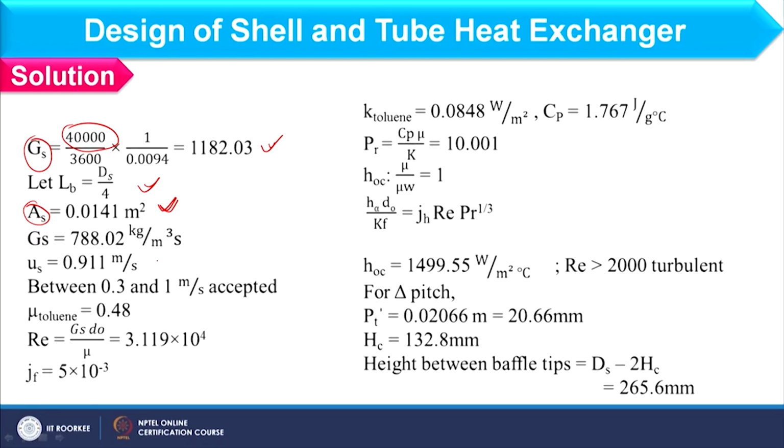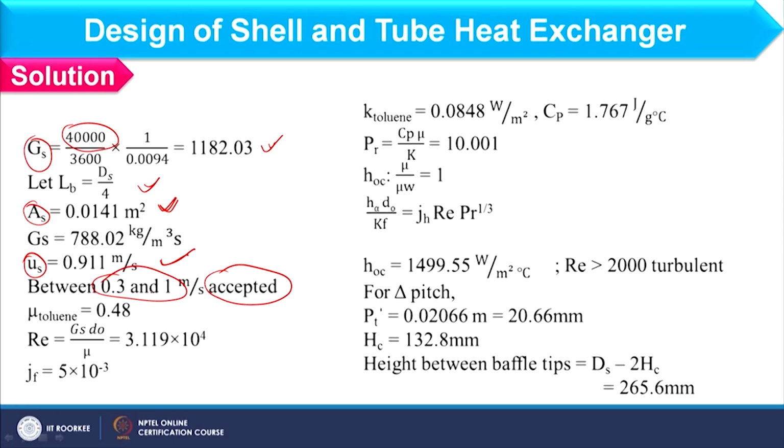Considering these, we can obtain the shell side velocity US as 0.911. If I compare this velocity, it falls within the range, because it should be within 0.3 to 1 meter per second. So, whatever US we have obtained, we can accept.